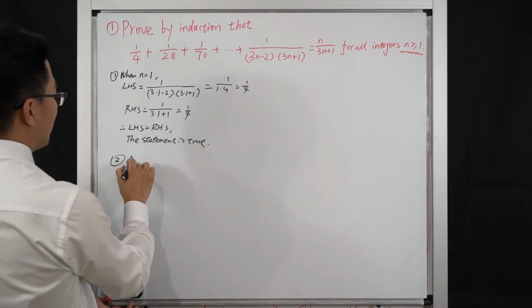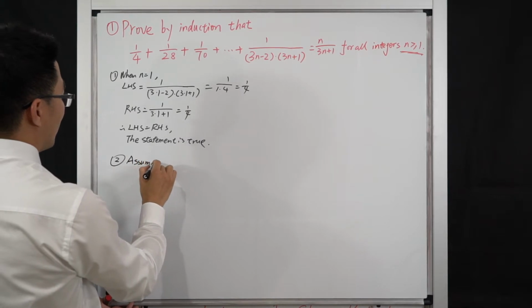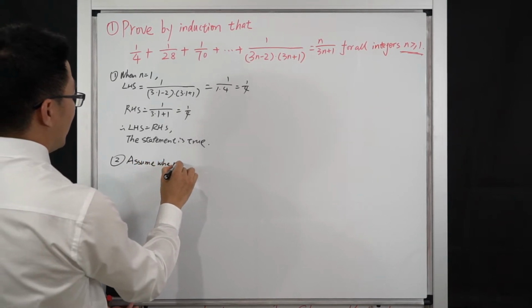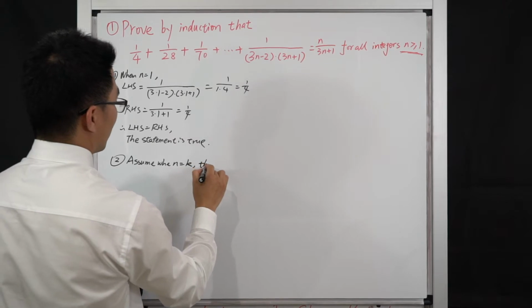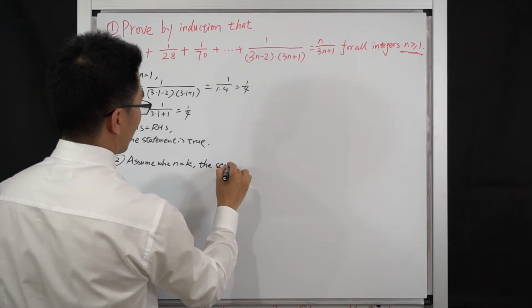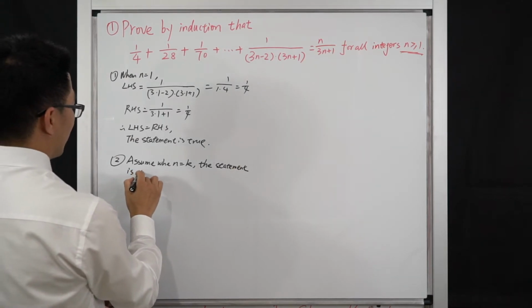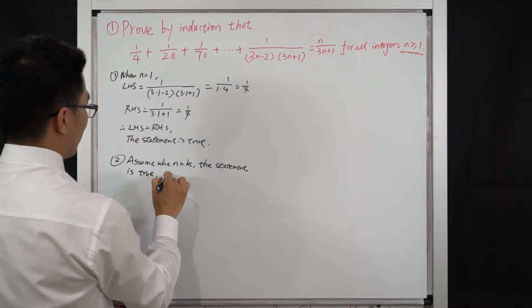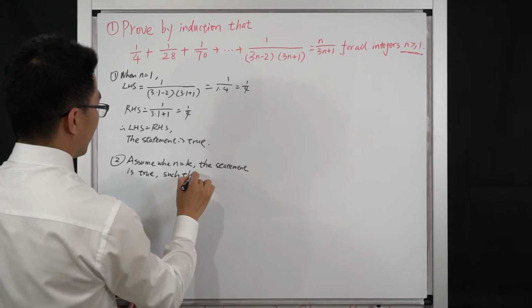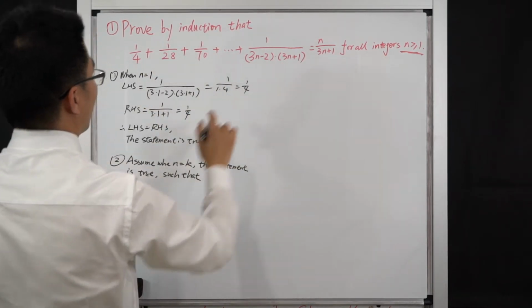Okay, the second step. We assume when n equal to k, the statement is true. Such that we have, here we can just copy this equation.